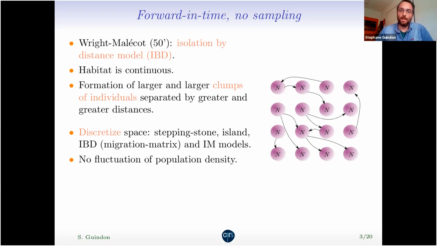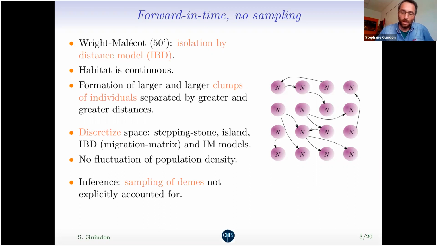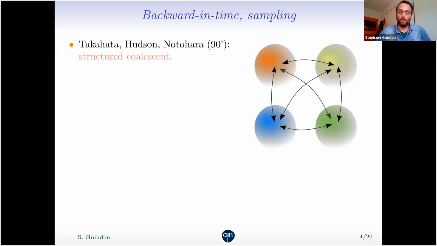It doesn't vary stochastically or deterministically. And interestingly here, most inference techniques that rely on those models do not really deal with sampling patterns. So it doesn't matter whether the demes I've sampled are next to one another or whether they are scattered across the habitat. It won't make any difference for the model, for the inference, sorry.